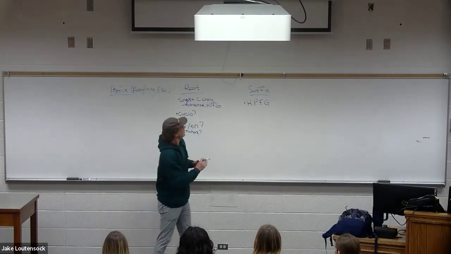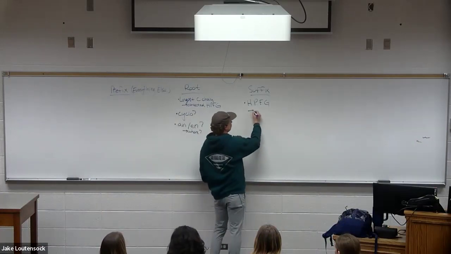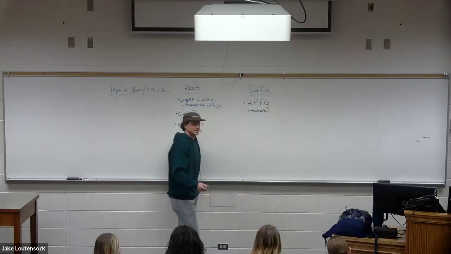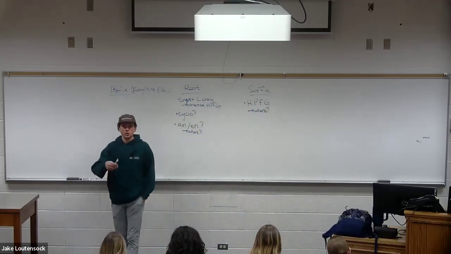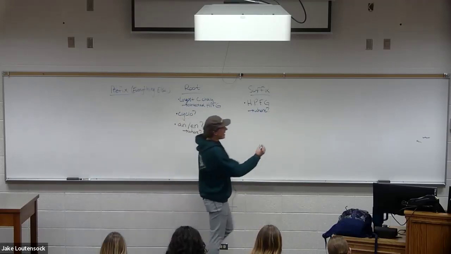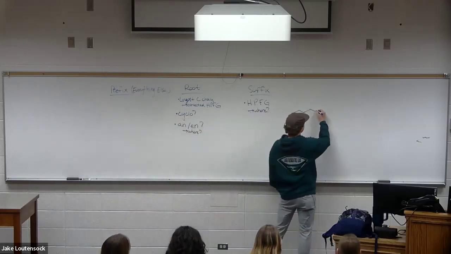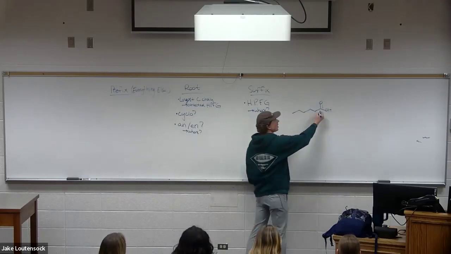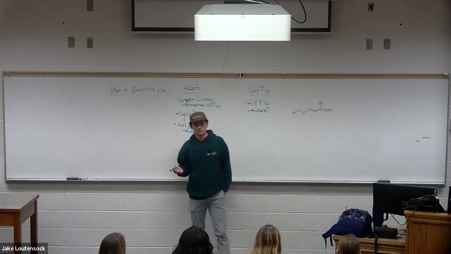And then a little stipulation here. Where is it? A lot of the times they're chain terminating, meaning that it's at the end. So if we have a carboxylic acid, it's impossible for it not to be on carbon 1.